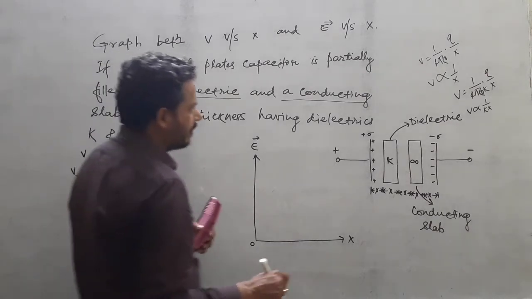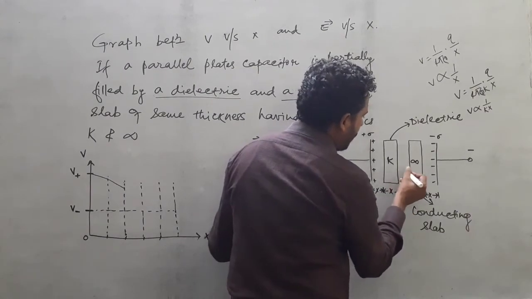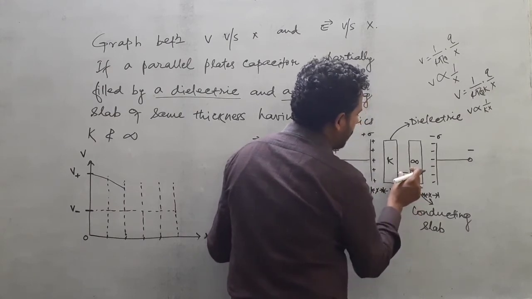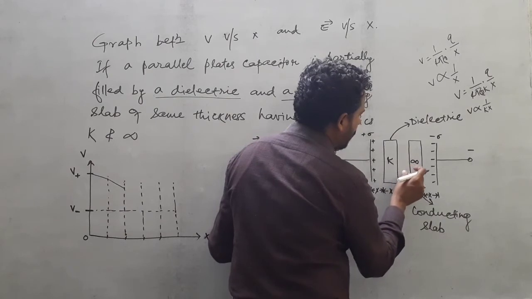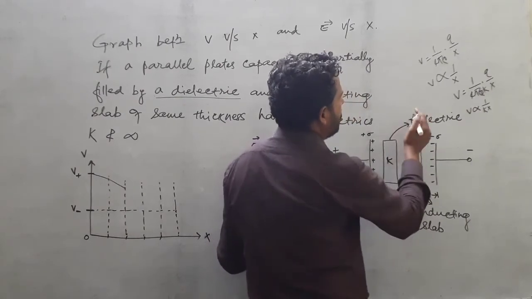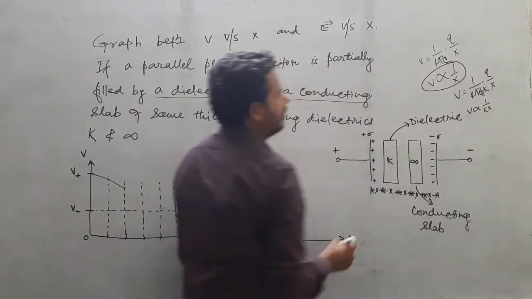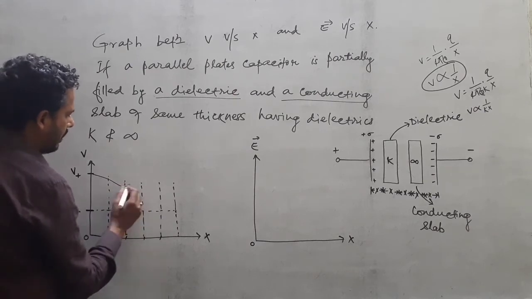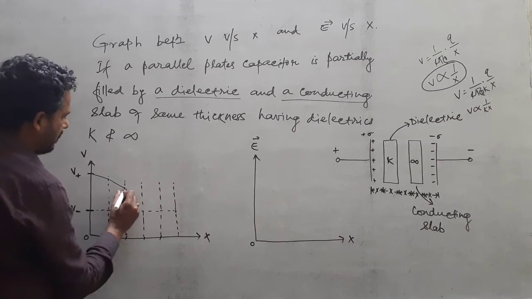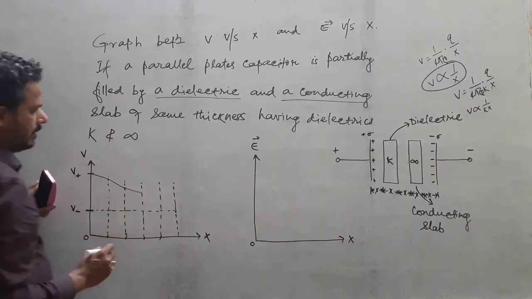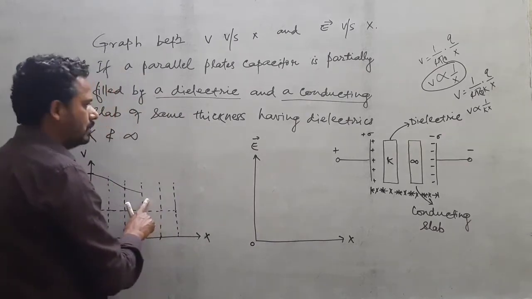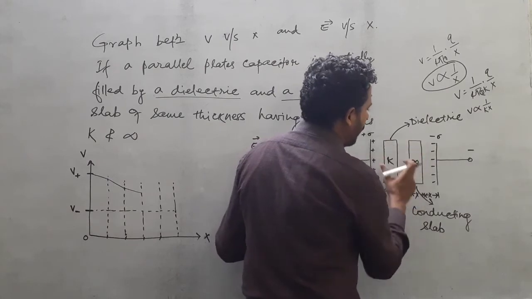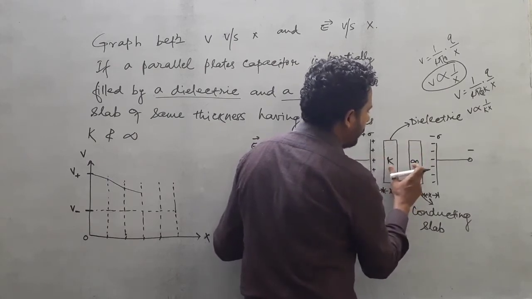Now again, when you enter this space, there is a separation of x, the same separation. So there is also a decrease in electric potential this way, again in decreasing mode, but with less incline. Now, when you enter this conducting slab, the dielectric constant is infinite.